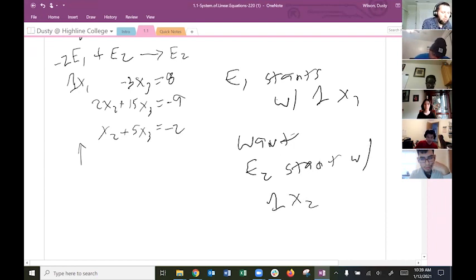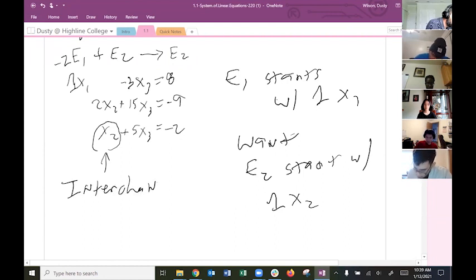We could do this a couple different ways, but since we're trying to learn this technique, rather than doing something fancy, let's do an interchange. I see the 1 x2 that's living out there. So we're going to do an interchange, and specifically E2 is going to swap with E3.